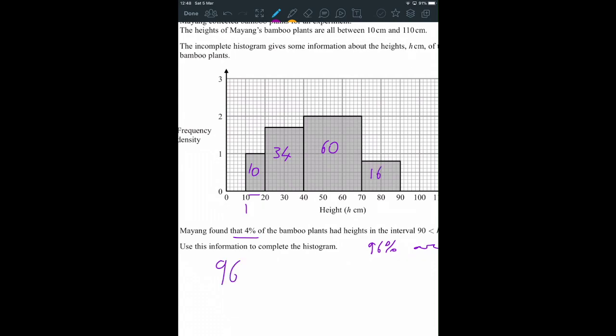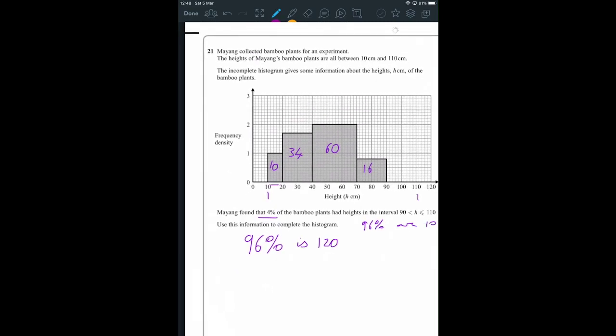So now we have that 96% is, well, the total of what we have there. 10 plus 34 plus 60 plus 16. 96% is 120. So we can work out the total now. This is a reverse percentage question.